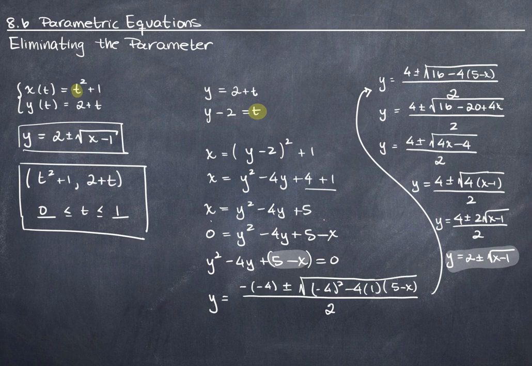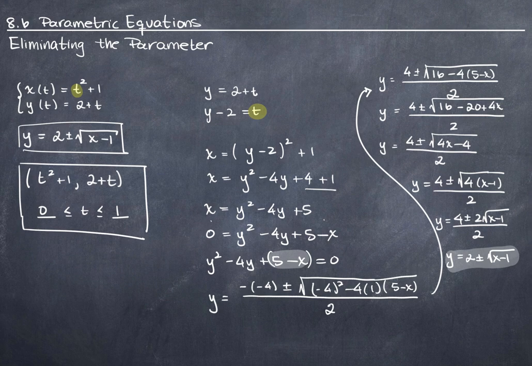And the other is that the parameter is not always time. Sometimes it is, usually it is, but not always. So you can have negative values here. You could go from -10 to -5, or you could go from -5 to +5, or you could go from 0 to 12. It's up to you, but using different values for the parameter will change which part of the graph you get. And that's kind of part of what parametric equations are all about.